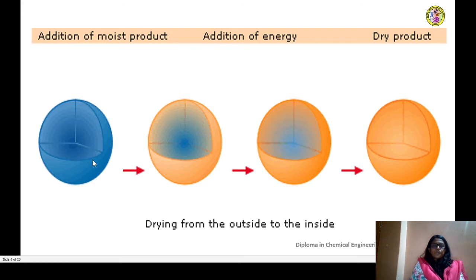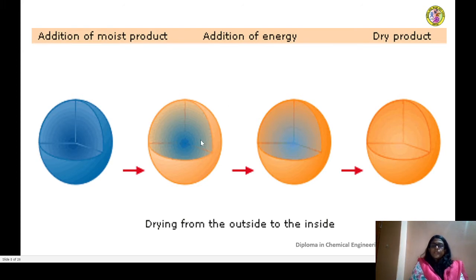So this moist product, when subjected to drying, that is by supplying heat energy, then the moisture present on the surface of the solid first gets evaporated and added to the air or the drying medium. So that is not the end of the operation. In fact, all the moisture up to equilibrium moisture, I'll tell you what is meant by equilibrium moisture later, present inside the solid also diffuses to the surface of the solid, and the evaporation subsequently takes place.